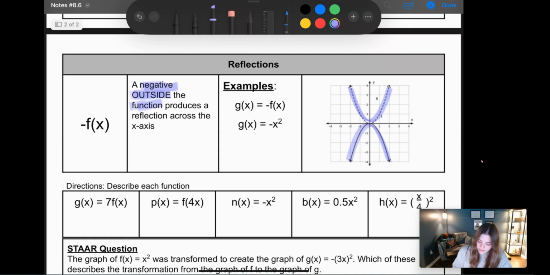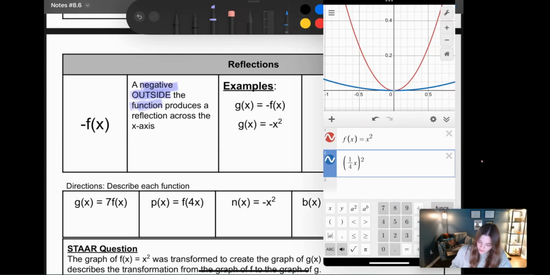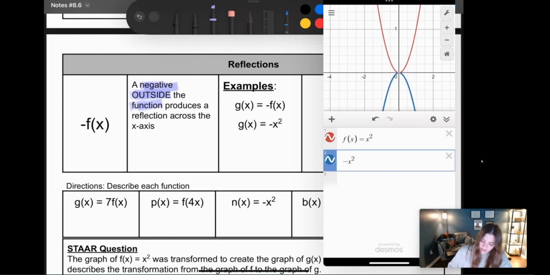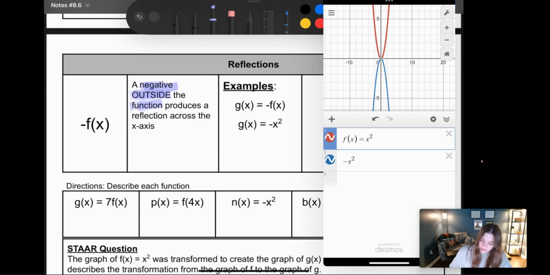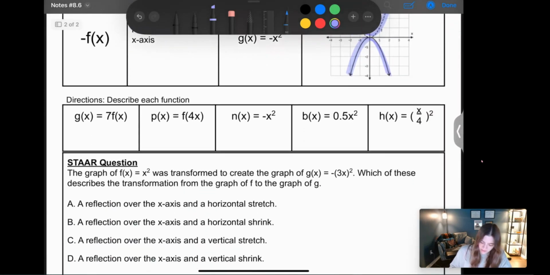And again, we can test that out. So we can put negative x squared, and there you go. There is a function reflection.